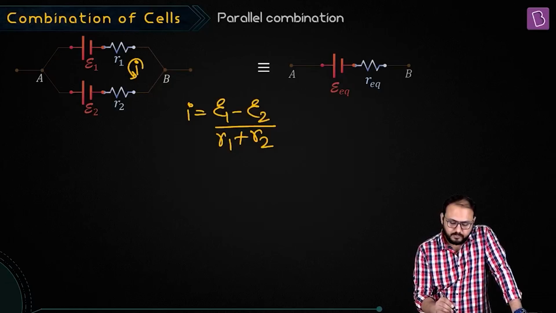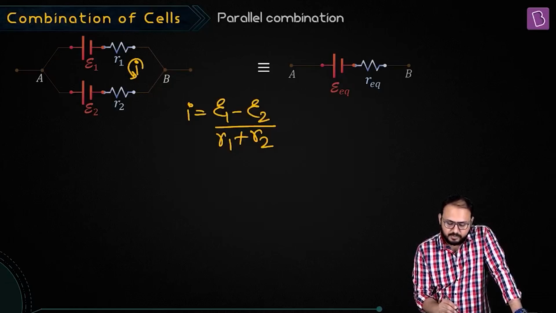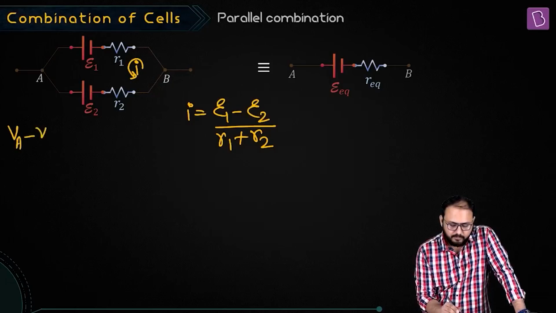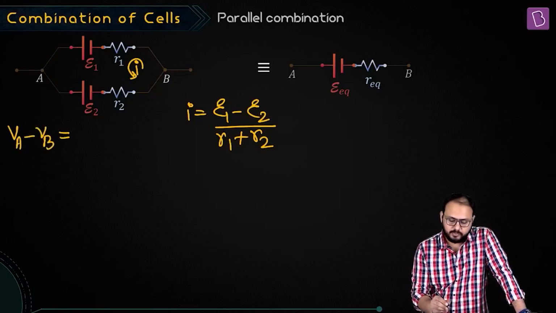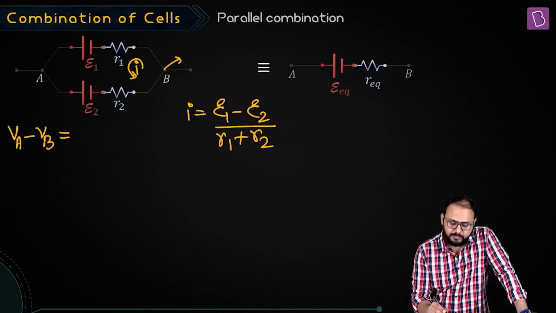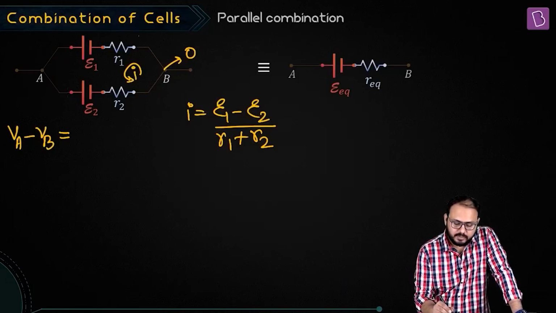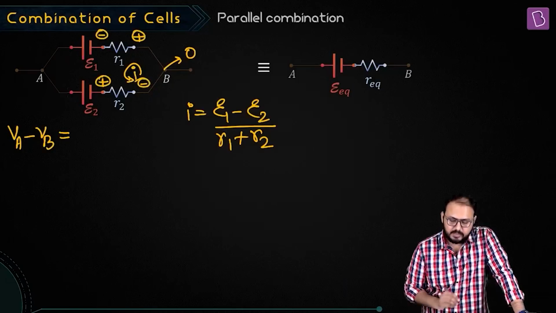Now, plus minus IR. So do you agree now that VA minus VB is equal to, if B is 0, so this is plus, this is minus, this is plus, and this is minus.